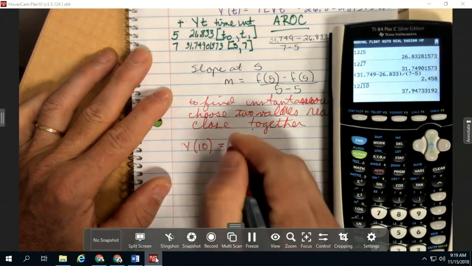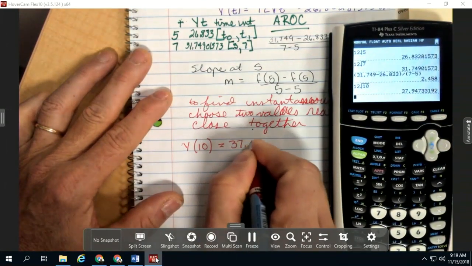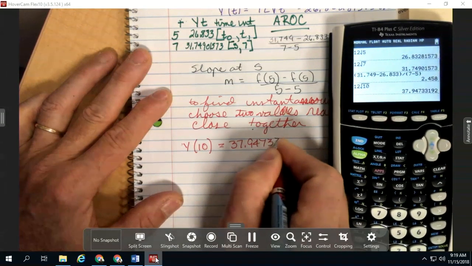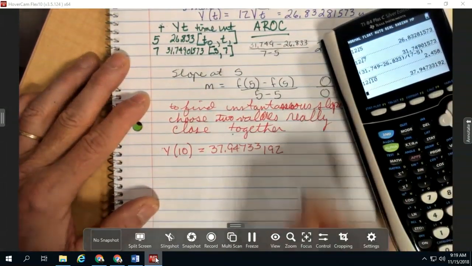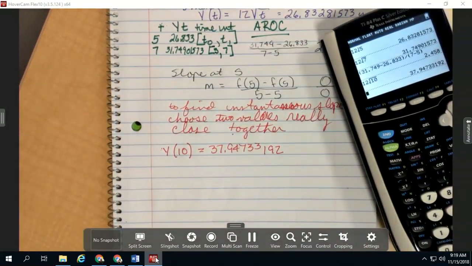At 10 minutes, the water is 37.94733192 inches deep. Does it make sense the water is deeper than it was at 5 minutes? When we do the slope calculation, now remember our graph, it's getting less steep, right? Would you expect the rate of change to be bigger or smaller than 2.83?